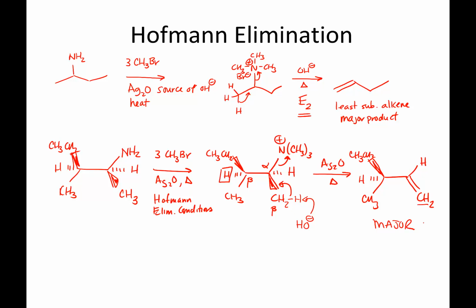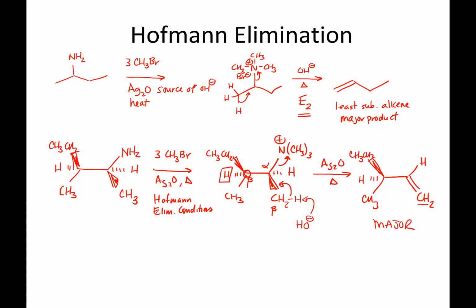And I'll ask you what the major product is. But I'm also going to ask you, what is the other possible product of this reaction? So I'm going to ask you to analyze this second beta carbon and tell me what the final product will be.